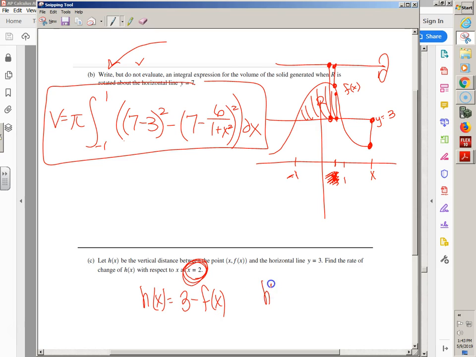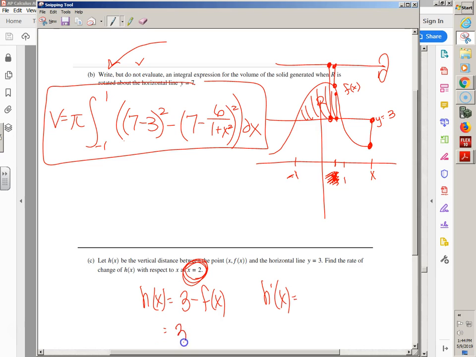I'm supposed to find h prime of x, the rate of change of h with respect to x. So not a dh dt, but rate of change. Do you notice this was up for the entire course? Integration is net change, or maybe FTC, maybe average rate, but anyway, rate of change is a derivative. That's not a dh dt, it's just a good old-fashioned dh dx. So I would take the derivative.